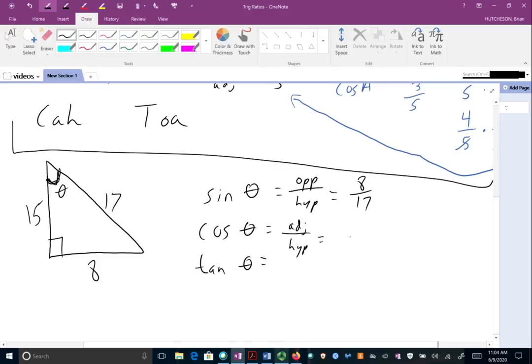So my adjacent is 15 over 17. And lastly, tangent is TOA. So tan of my angle theta will be my opposite over the adjacent. So the opposite is my 8, my adjacent is the 15.